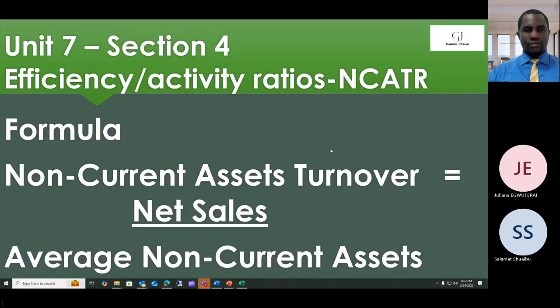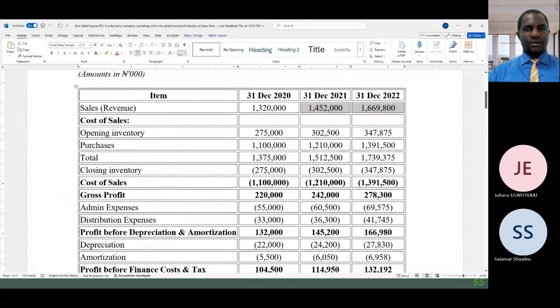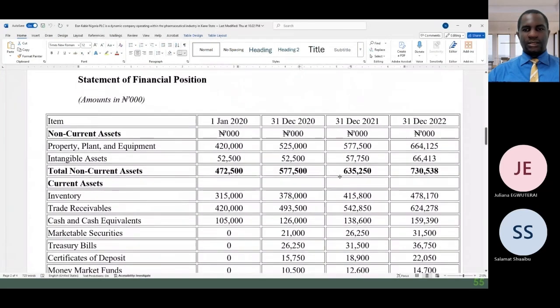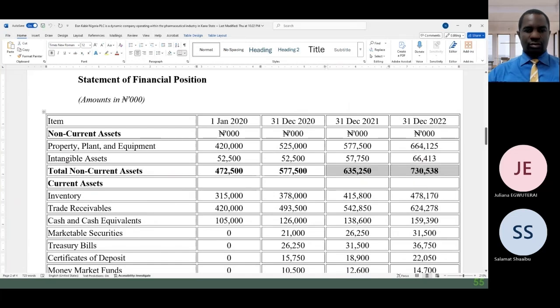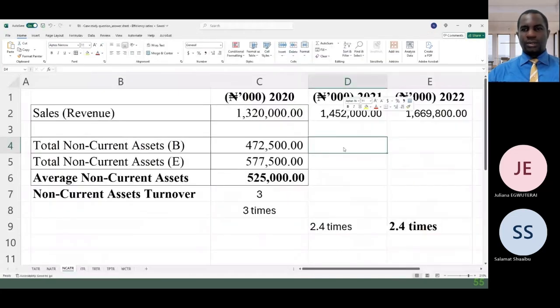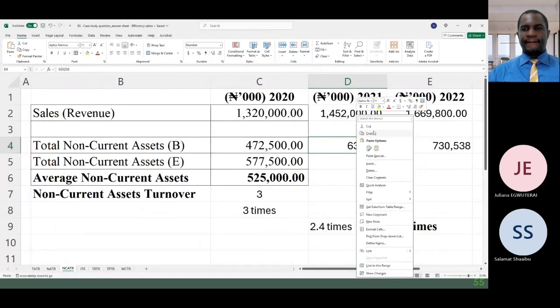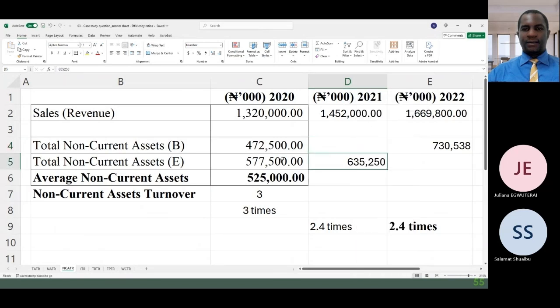Then for non-current assets, I just take these two. Come here, I'll post. So this would be for ending, and this would be for beginning.